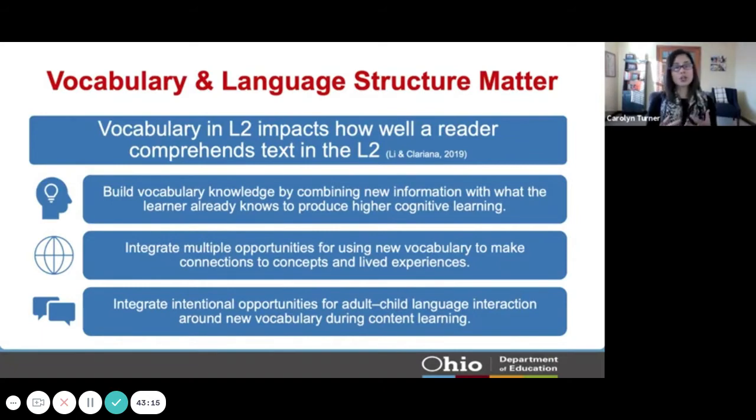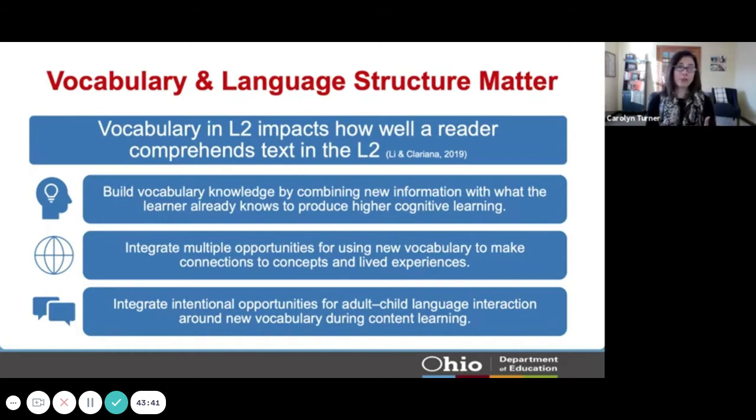So if we are using advanced language in our conversation, if we are washing them in words, if we are using read alouds and being very intentional in our reading, if we're teaching vocabulary, listen, they're going to start to acquire that vocabulary easier, and that's going to impact how well they comprehend text.